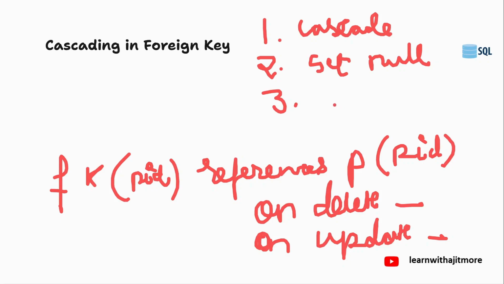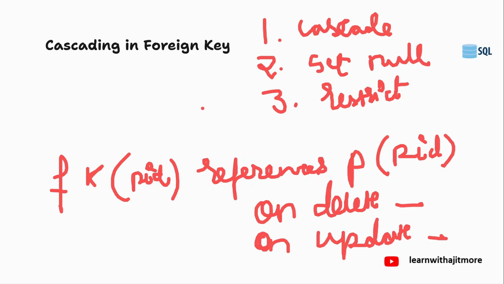And third is no action or restrict, which is the default. Generally, when you don't give on delete or on update, by default it is restrict, which we saw just now. So on delete restrict or no action you can also give. What all three mean, I'll tell you.